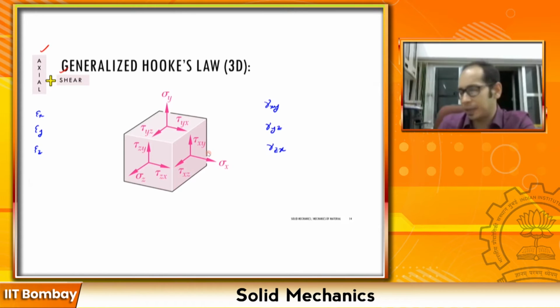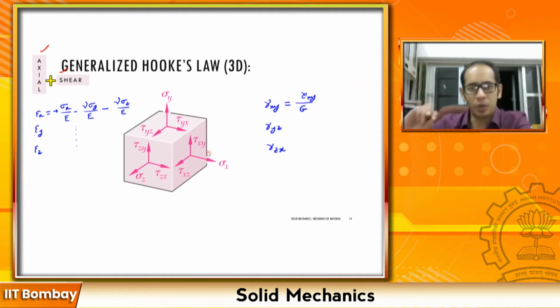So if I just have to expand a couple of them over here, remember my epsilon x was equal to a positive sigma x over E, minus nu sigma y by E, minus nu sigma z divided by E, and so on and so forth for the other ones. And my gamma xy here was equal to tau xy by G. Right, you can go ahead and fill in for the epsilon y and the epsilon z, and here for the gamma yz and the gamma xz.